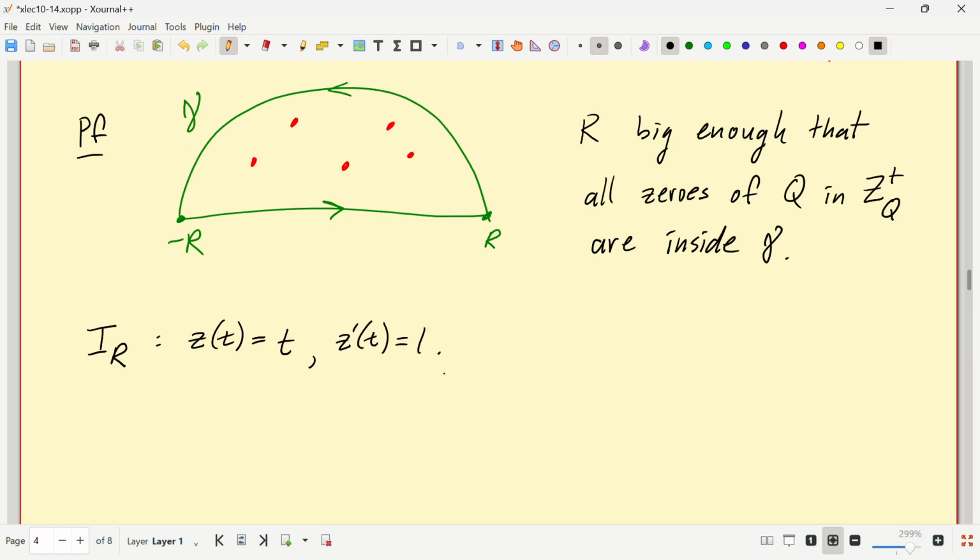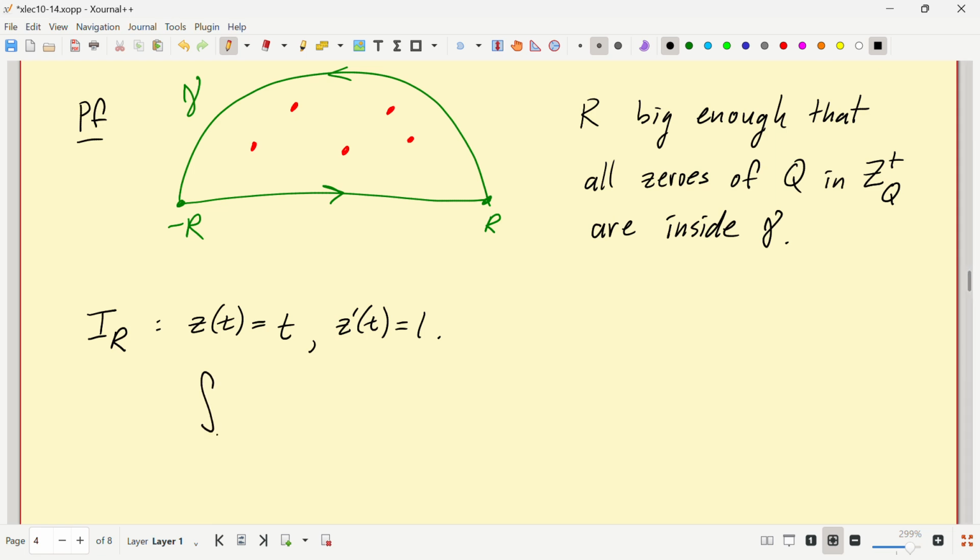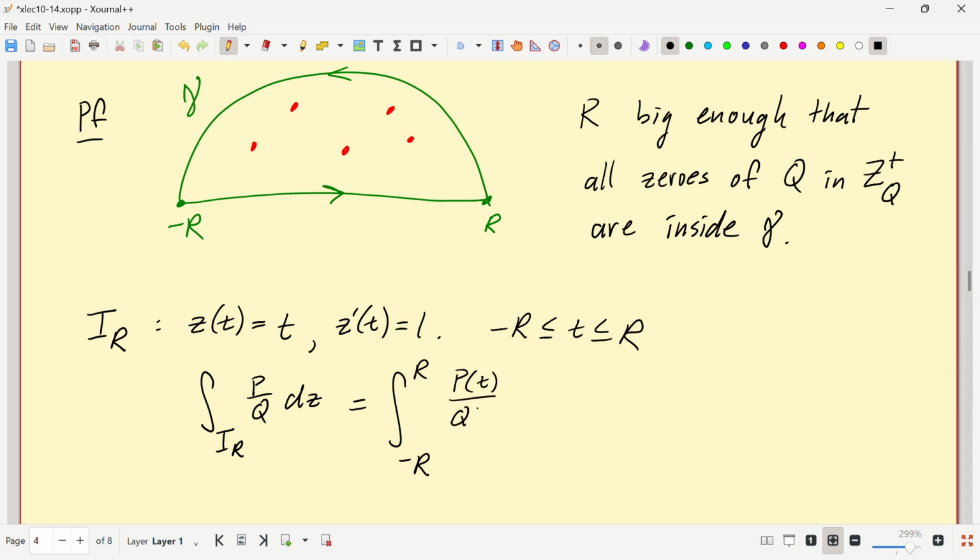And so the integral around the real line part, I sub R, is exactly the integral I want. Let's see, the t would go from minus R to plus R. So that would be the integral from minus R to plus R of P of t over Q of t, and that's the integral I want. The z prime of t is 1, so a 1 here.